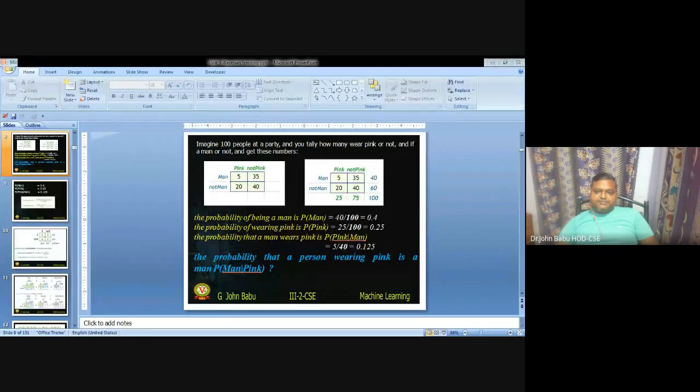Probability of black is 40 by 100, that is 40%. So the probability that a student wears black and it is a girl is 37.5%.